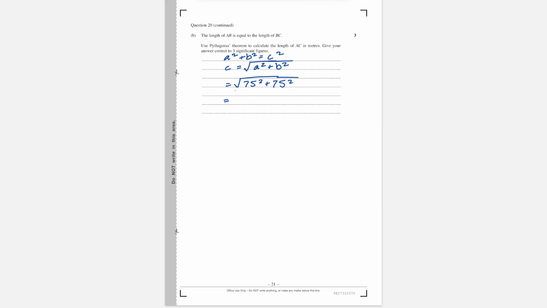We're looking for the hypotenuse here. So 75 squared, punching that into my calculator, plus 75 squared, and then we square root it.